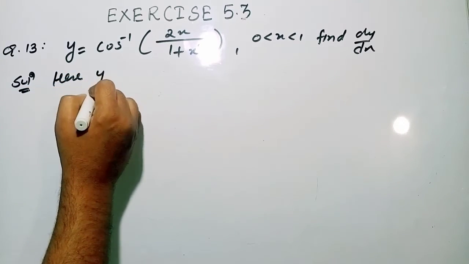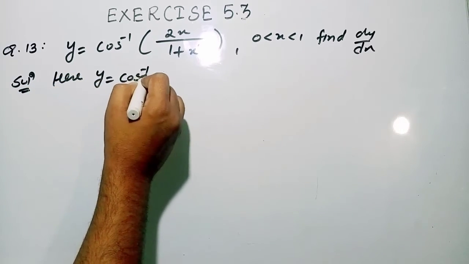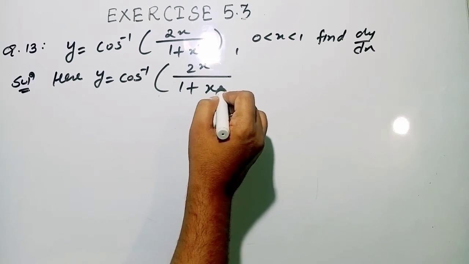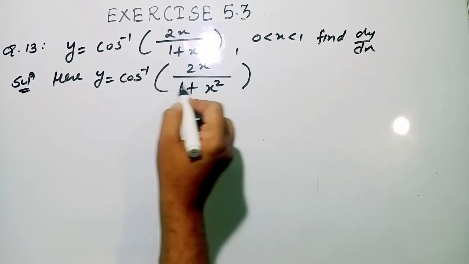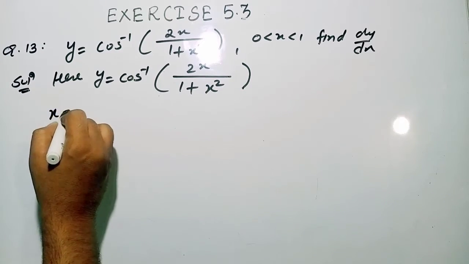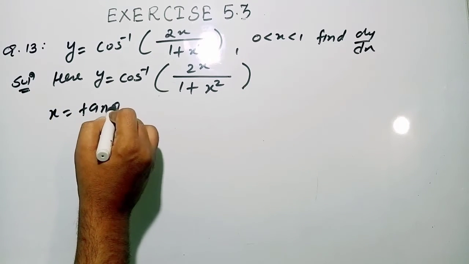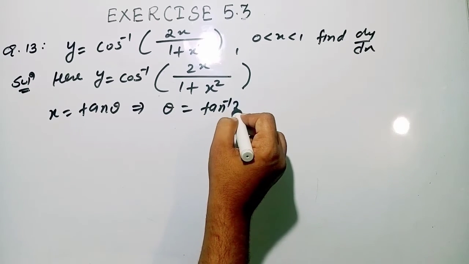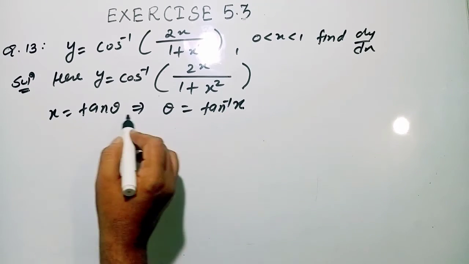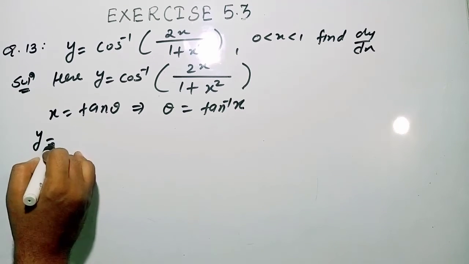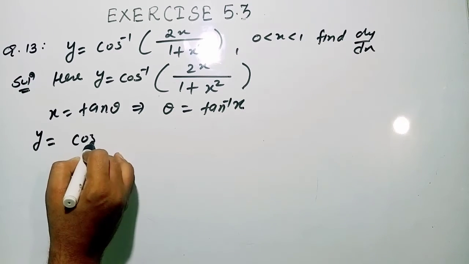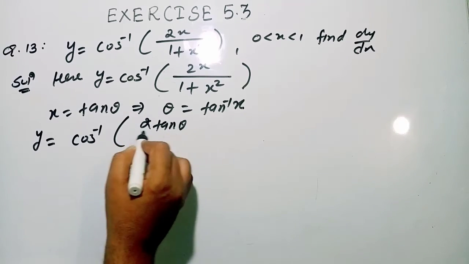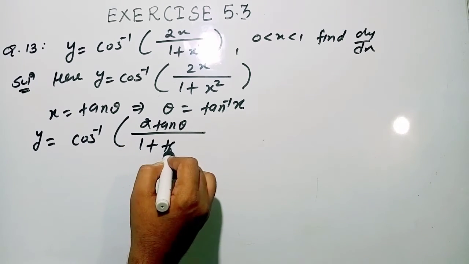Here y is equal to cos inverse 2x upon 1 plus x square. Right students? Now in place of x, putting tan theta, so theta will be what? Tan inverse x. Right students? So y is equal to cos inverse 2 tan theta divided by 1 plus tan square theta.